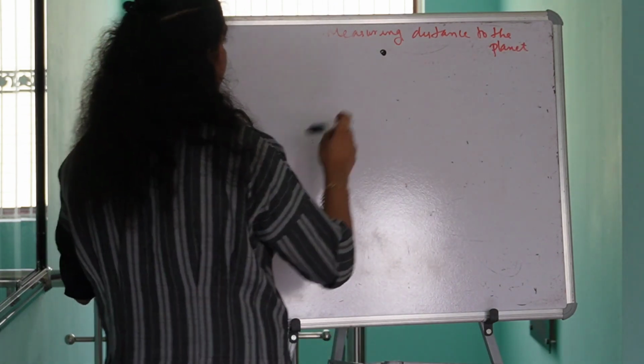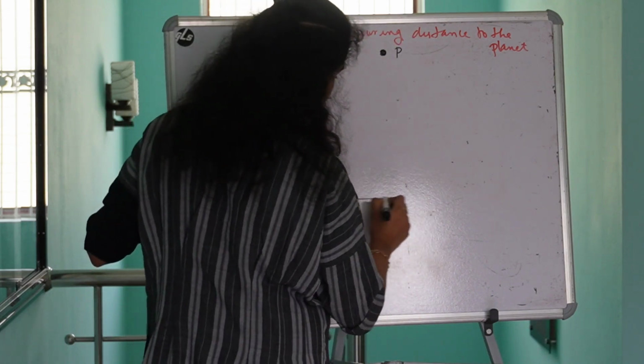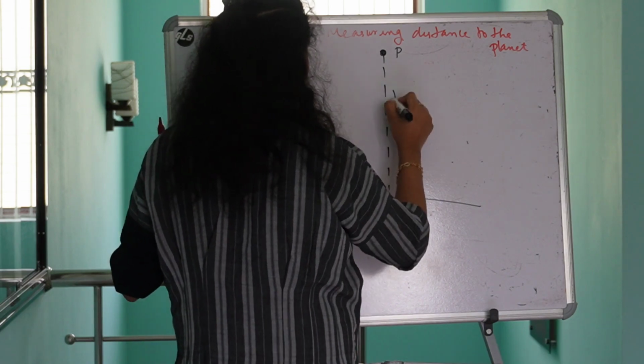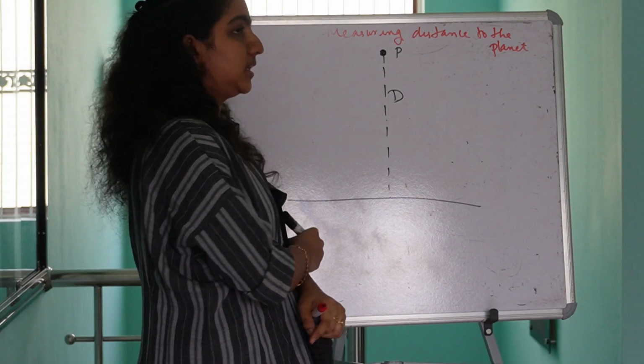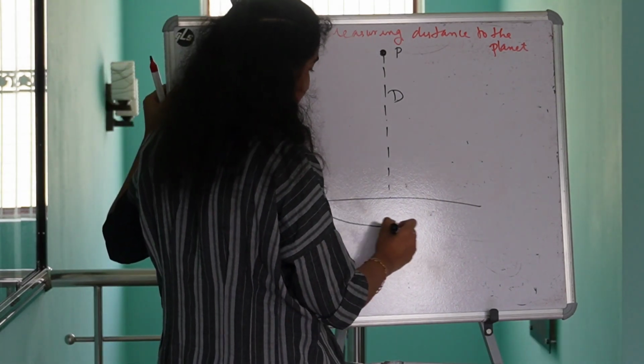Let this point be planet P. This is the Earth's surface. I have to find the distance to the planet and let it be d. Since I am measuring a very long distance, I can consider this straight line as an arc, isn't it?